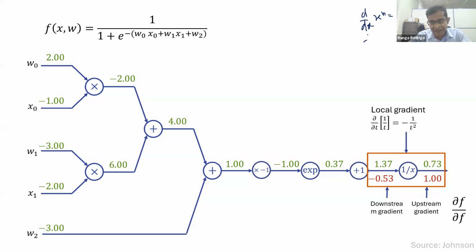So if you had d by dx of 1 over x, that means x to the minus 1, we will have minus 1 times x to the power minus 2, that is minus 1 over x squared, right? This is what we have written here.